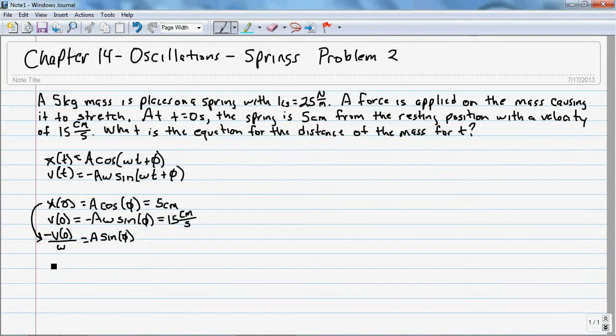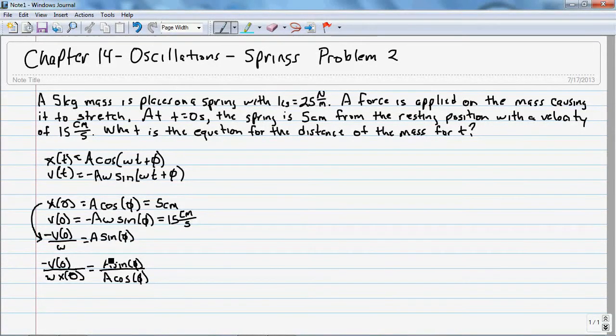It's going to look something like this. Minus velocity at t equals 0 over omega times x at t equals 0 is equal to a sine phi over a cosine of phi. And that's nothing else than the tangent function.